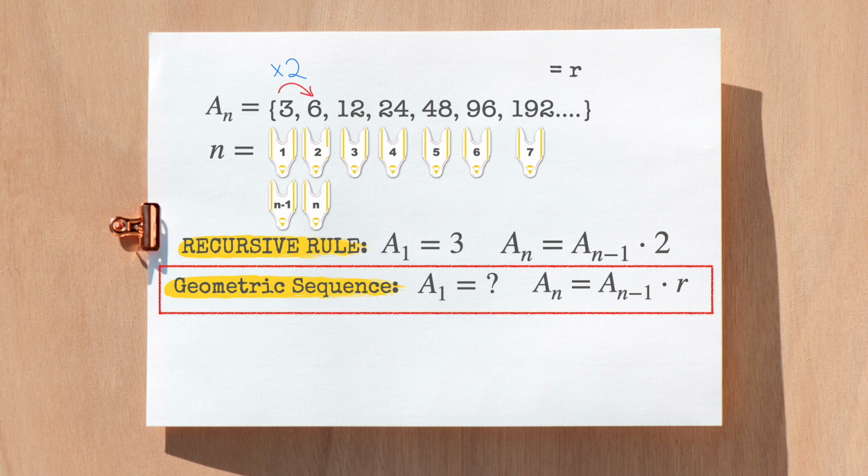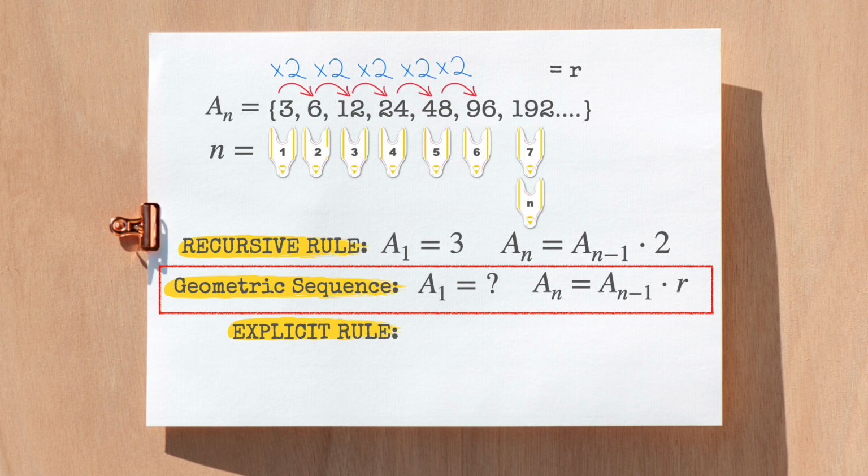Just like we did for the arithmetic sequence, we would like to find an explicit rule for our geometric sequence as well. We can find kind of a similar pattern that we found in the last one in this one. So let's make n the 7th term here and figure out what the pattern is. So I multiply by 2 once to get to the second term. I do it again to get to the third, again, a total of 6 times to get to the 7th term.